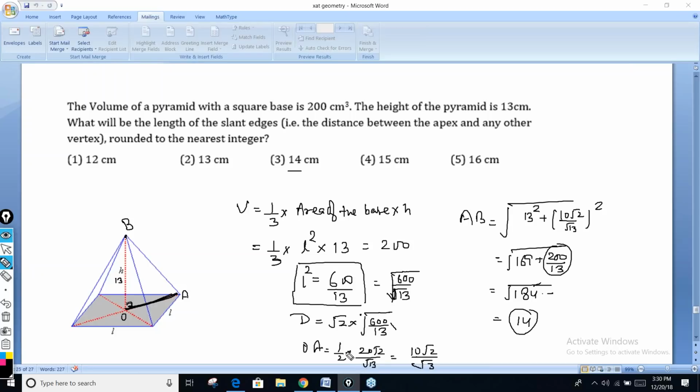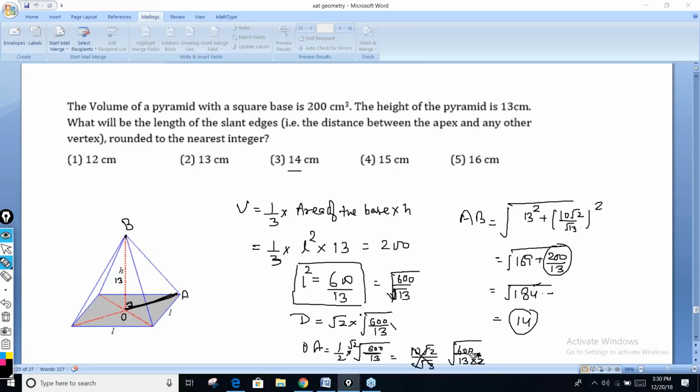OA will be half of that. So half of root 600 upon root 13, root 2. So that is root 600 upon root 13 upon root 2. Or if you want, you can take the 2 outside, or let it be like this, upon 2.